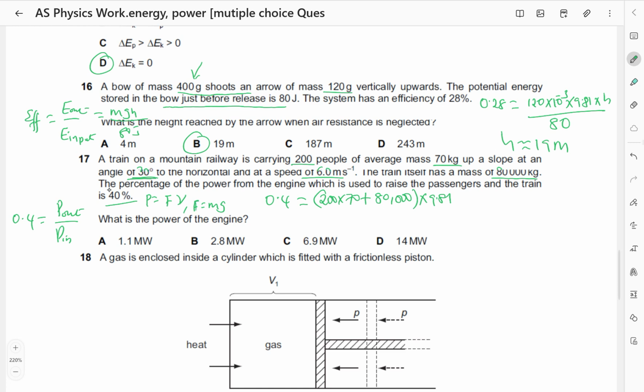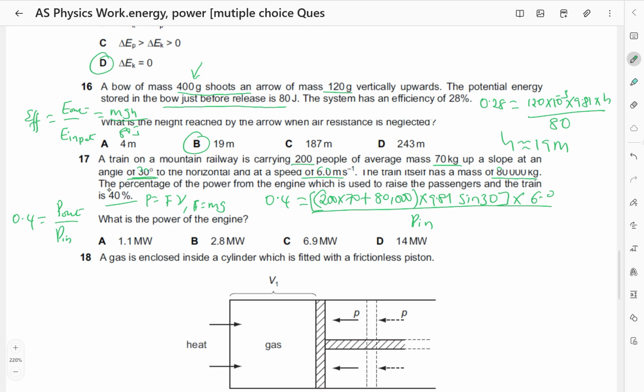That is the weight. So that's why I have the total mass times g, that is the force, then times the velocity, which is, oh, by the way, we have to resolve this. So this would be sine of 30. Then we multiply this by the velocity, which is 6.0. Then divide by the power input, which is going to be now the total power produced by the engine.